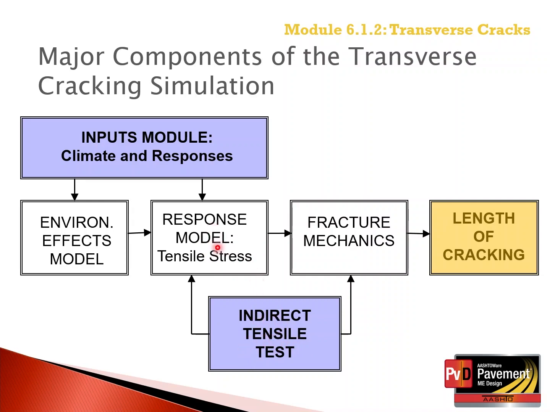The responses and the mixture properties are then used in fracture mechanics to look at how transverse cracks will propagate in and through the asphalt layer, to determine the length of transverse cracking as predicted by the Pavement ME design software.